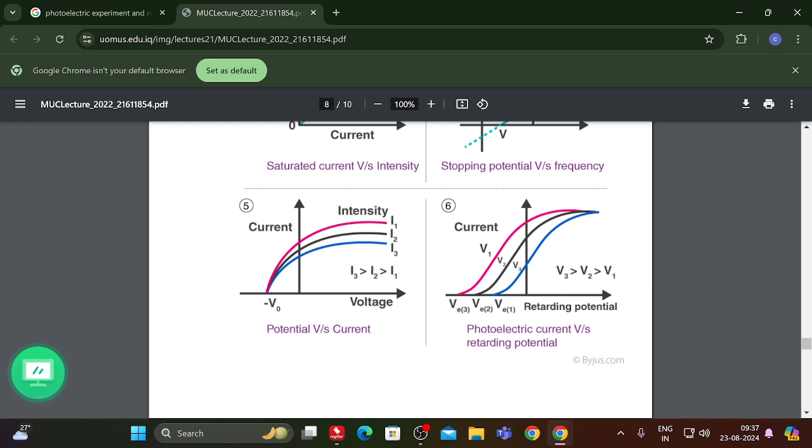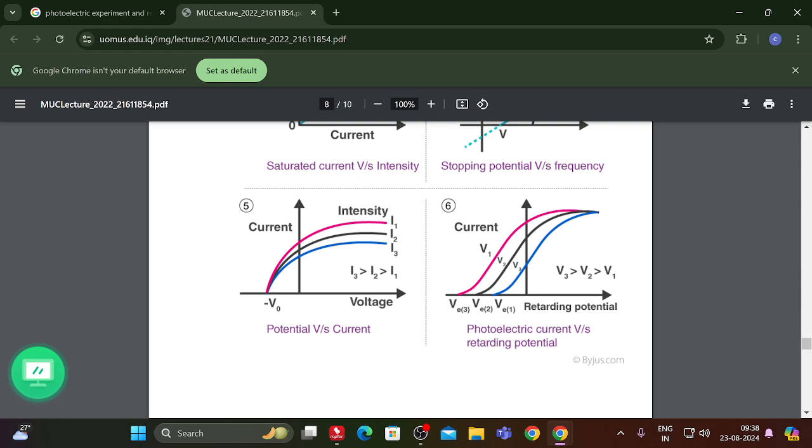Actually, current will be increasing when the potential is positive and more, but it will not increase much. So current will go and become constant, that is called saturation current.